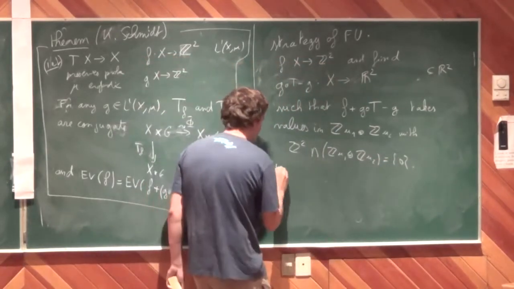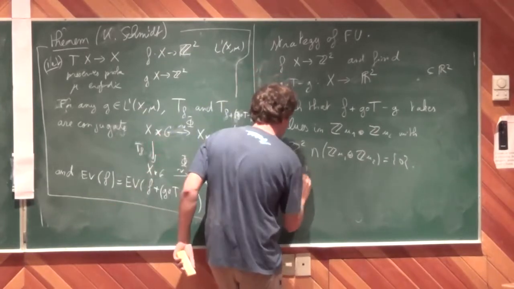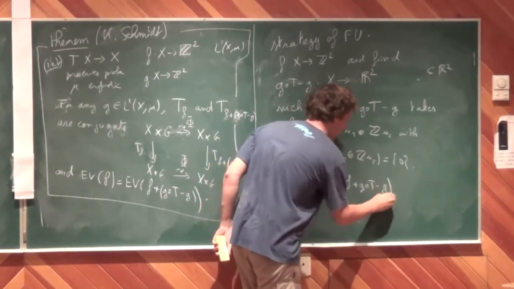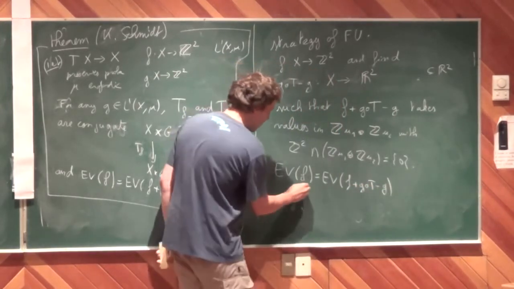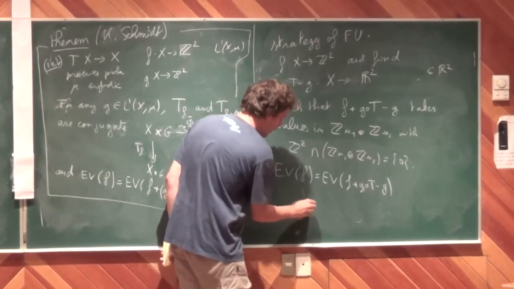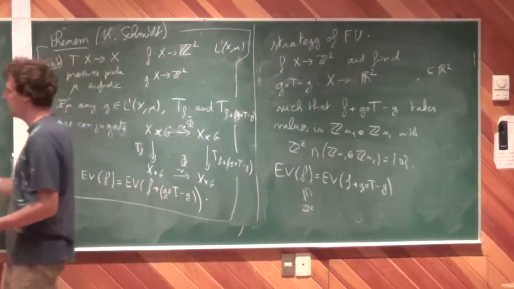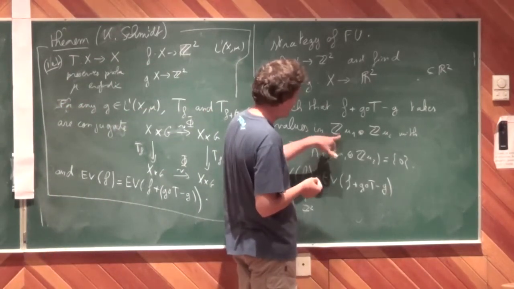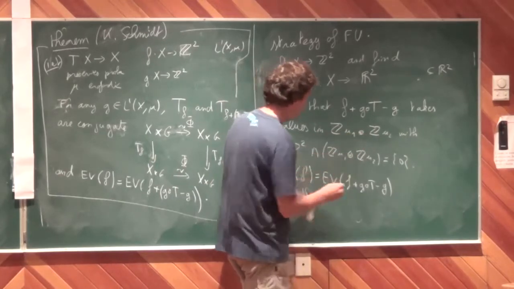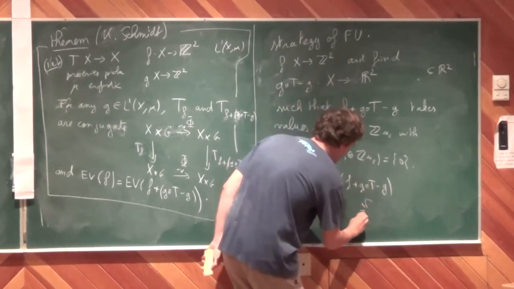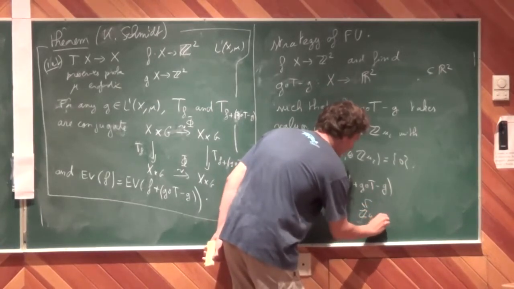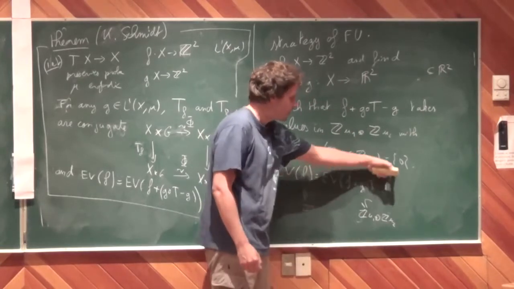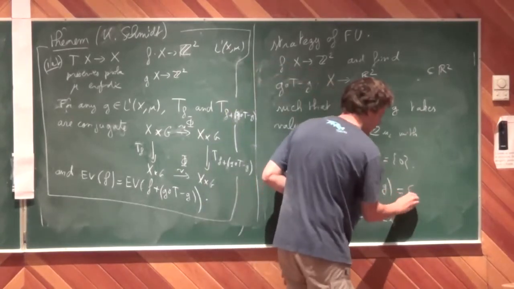So now I apply the theorem which is here, and the essential values of the two are the same. But this guy takes values in Z2. So the set of essential values should be contained in Z2 by definition. But this one, all values are taken in something which is completely unrelated to Z2, which is Zu1 plus Zu2. So this group here is contained in Zu1 plus Zu2. So because they have equality, it must belong to the intersection, but the intersection is 0, so my only essential value should be 0.